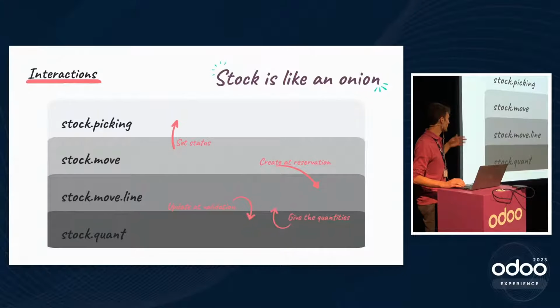And when we validate stock moves and stock move lines, the quantities are set on the quants to update the stock accordingly. We try as much as possible to not have communication between 2 layers that are not neighbors, to have an easier abstraction between the different objects.